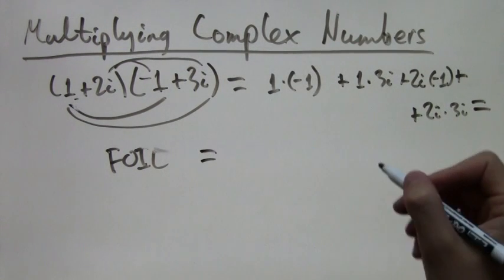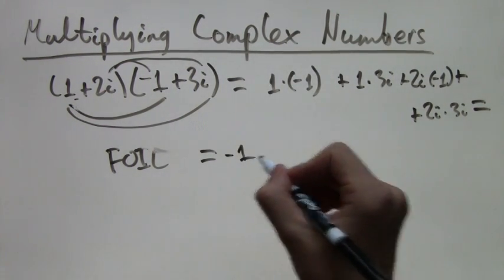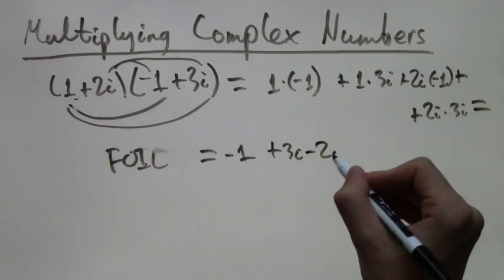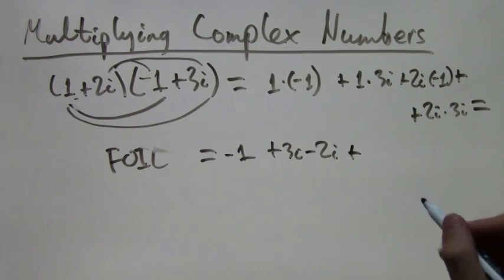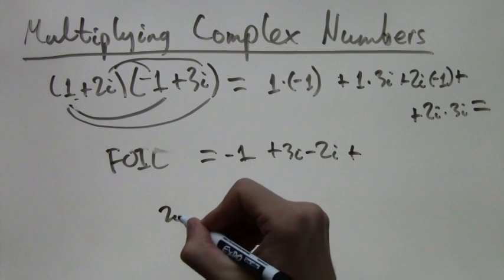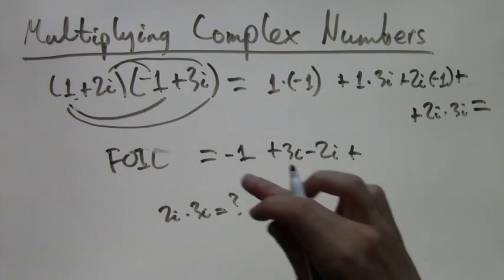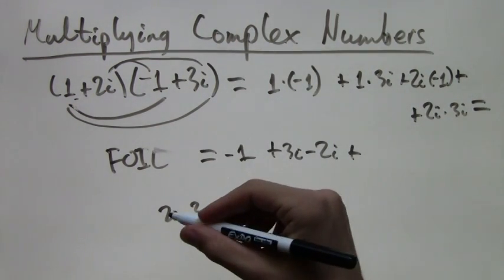Alright, so this is equal to -1 plus 3i minus 2i, and then 2i times 3i, I'm going to write it separately first, because it's not very clear what this is equal to, but I'll explain now.